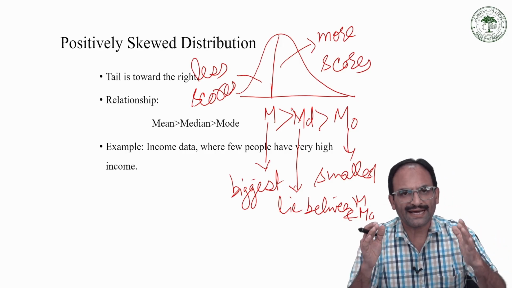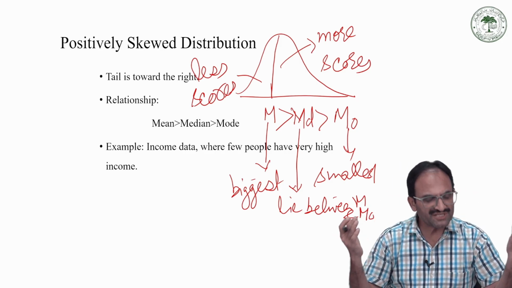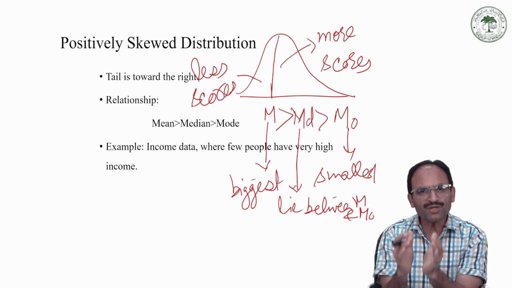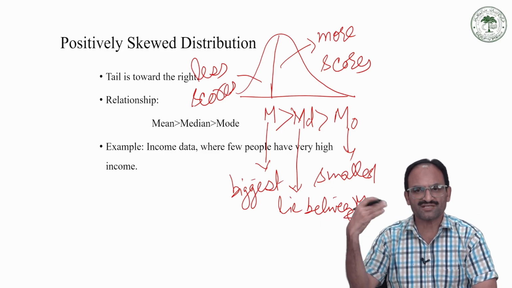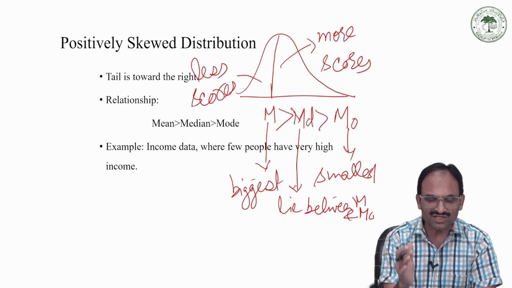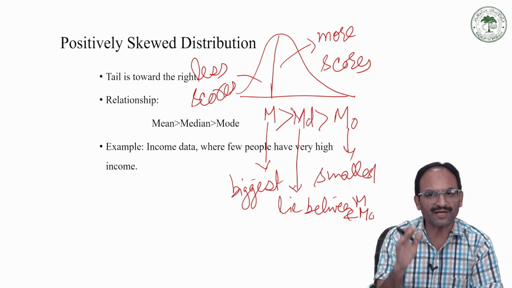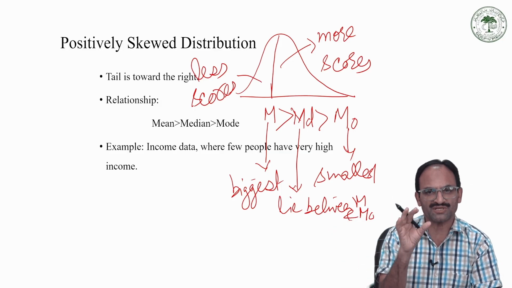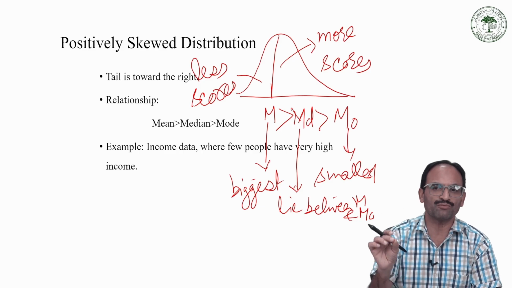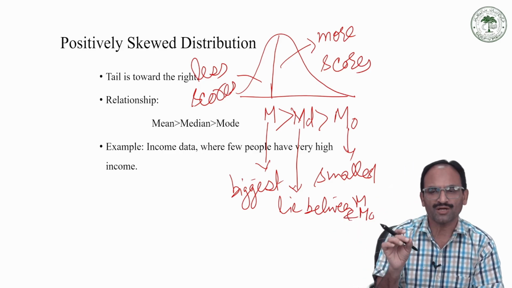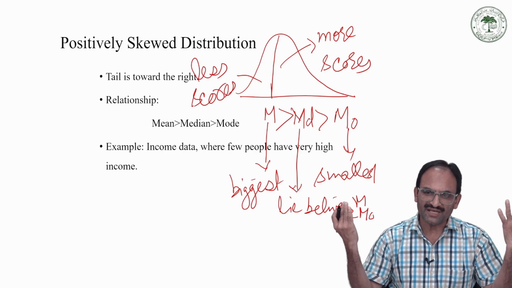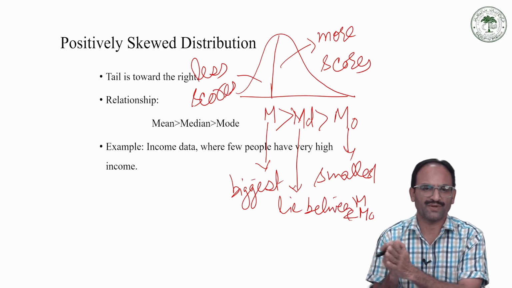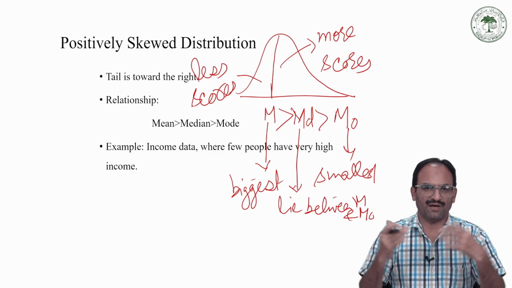I am discussing a distribution which is positively skewed, meaning more scores are there in the curve towards the right hand side. In that situation, the moment you calculate mean, median and mode, you will find that the mean comes out bigger in comparison to the median, and the mode will have the smallest value, whereas the median will lie in between mean and mode.